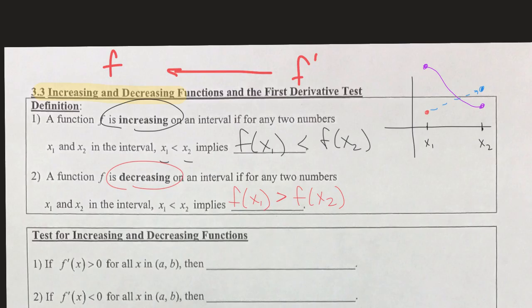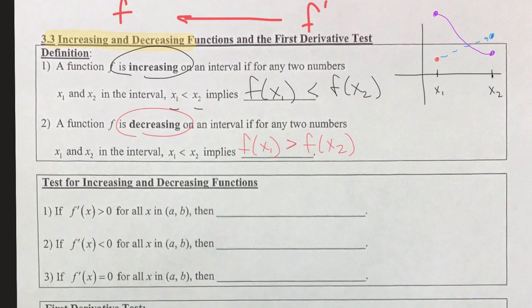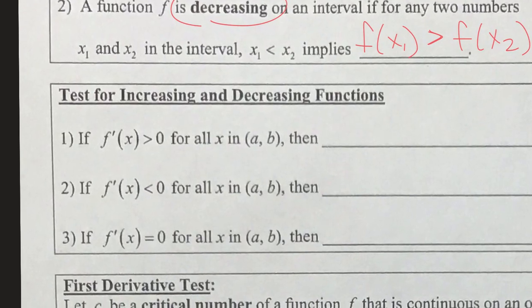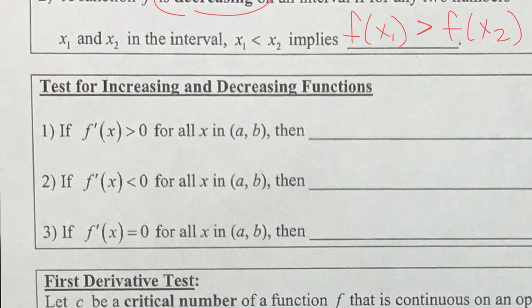Now, let's get to the calculus. Here is our test to see if our function is increasing or decreasing. If our derivative is greater than 0, meaning it's a positive number, everything greater than 0 is positive, then your function is increasing.